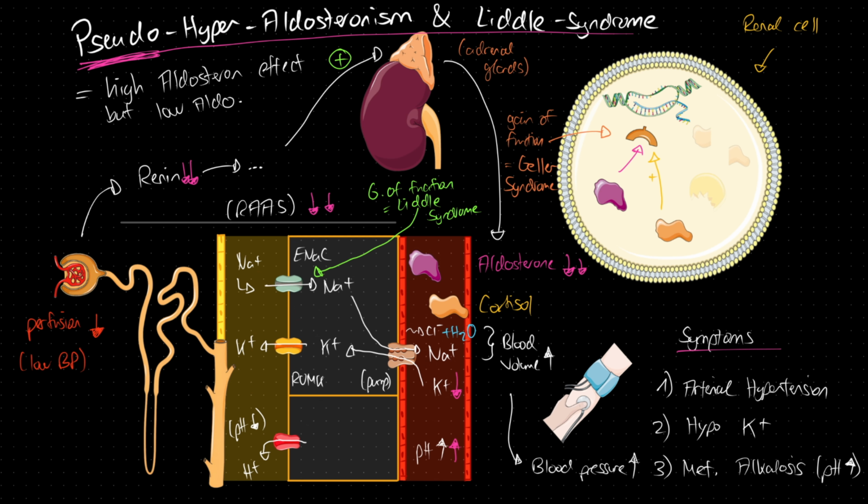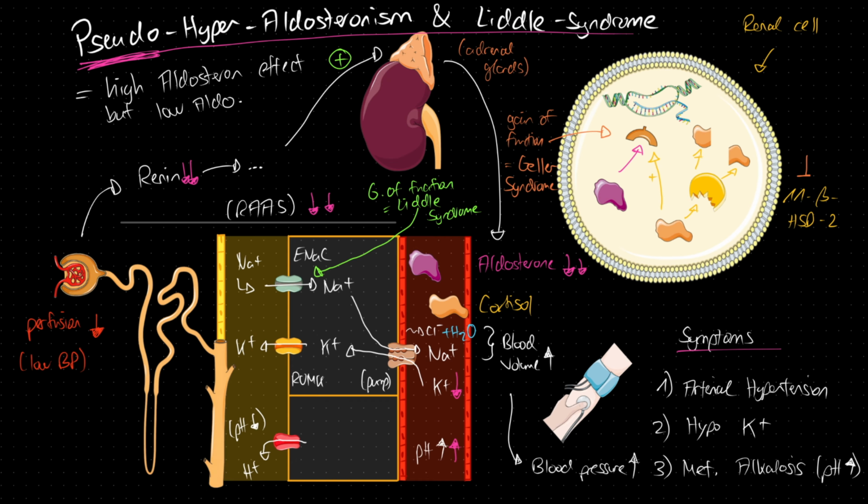But to prevent this, physiologically there is an enzyme that inactivates cortisol, the 11-beta hydroxysteroid dehydrogenase 2. So this enzyme prevents the excess effect of cortisol on the mineralocorticoid receptor. But why am I telling you this? This enzyme can also be mutated or be disrupted by an acquired condition, and thus cortisol can act like aldosterone even at normal blood values without aldosterone actually being elevated, because it's not inactivated.